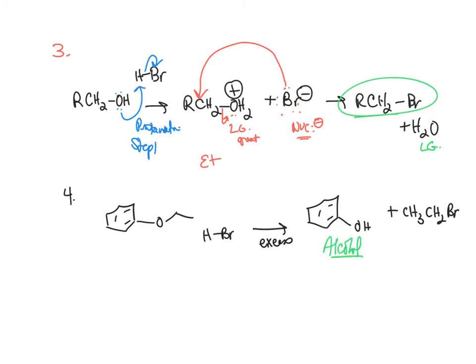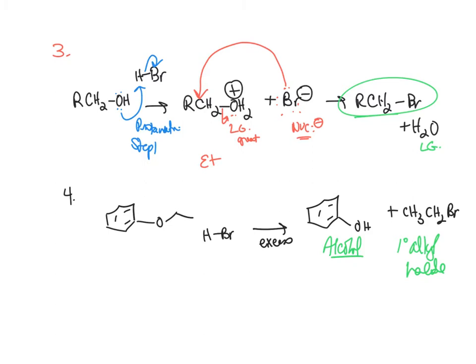So this is an alcohol, and this is a primary alkyl halide. Compare these products to the final products obtained in Model 1. Are there any differences? Well, instead of water in Model 1, in this reaction, phenol is the product. Okay, so you get phenol.